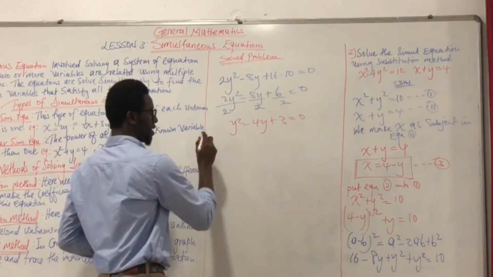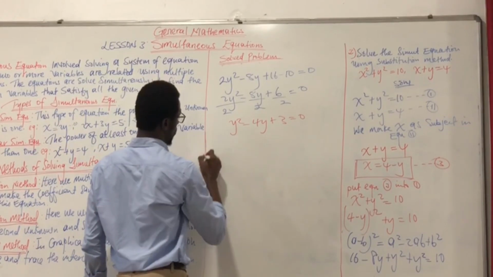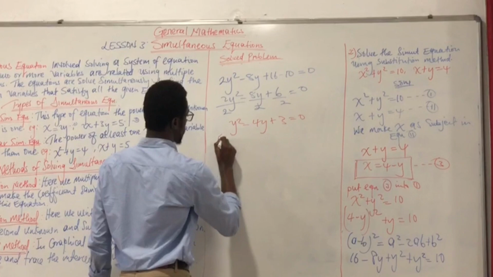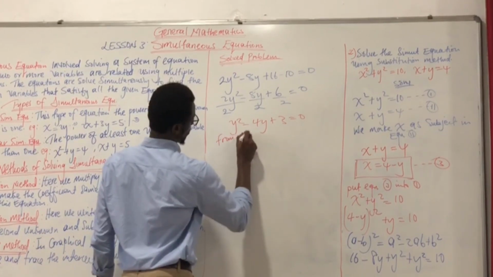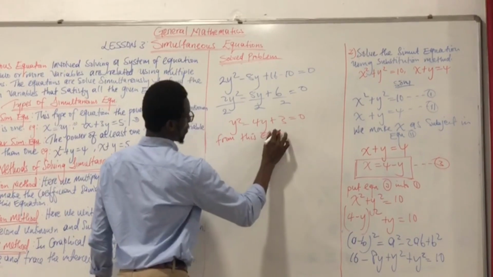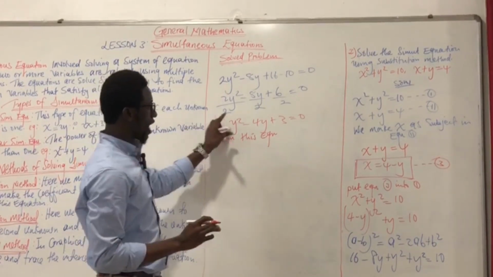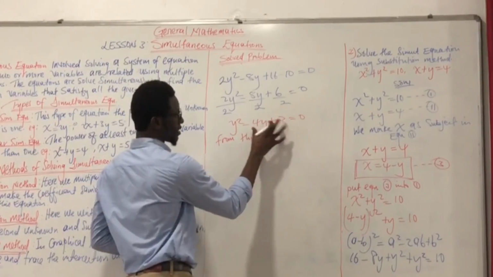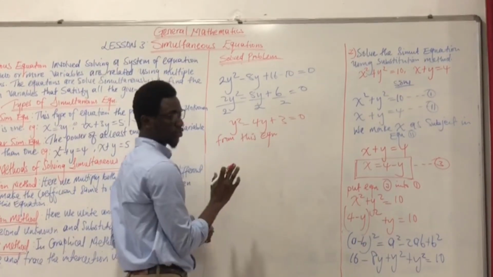So from this equation, we can now use the quadratic method, wherein we try to find the sum, the product, and the factors.